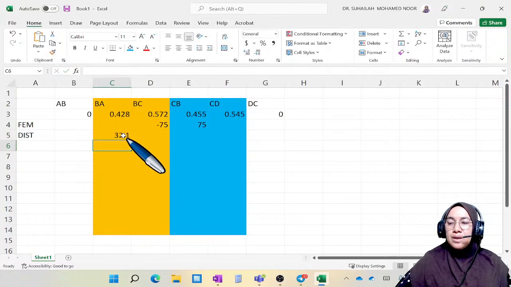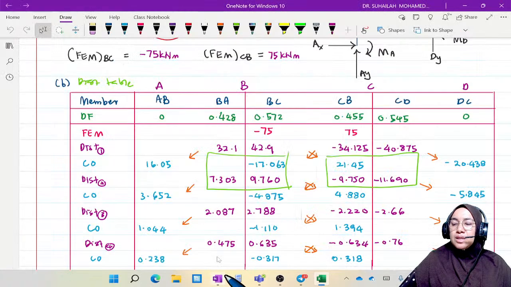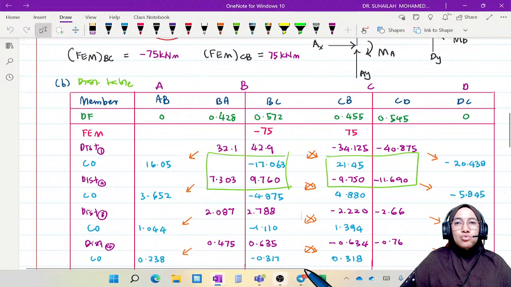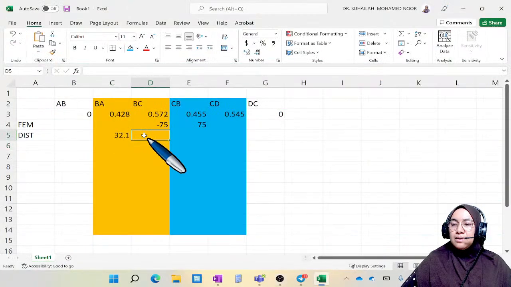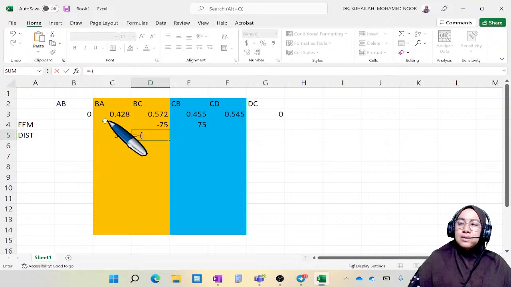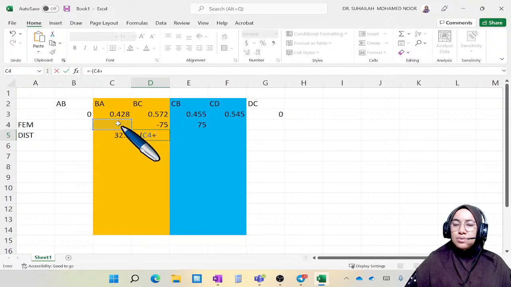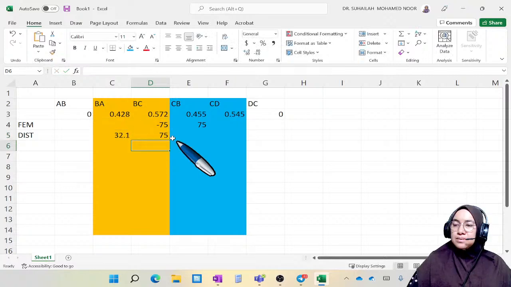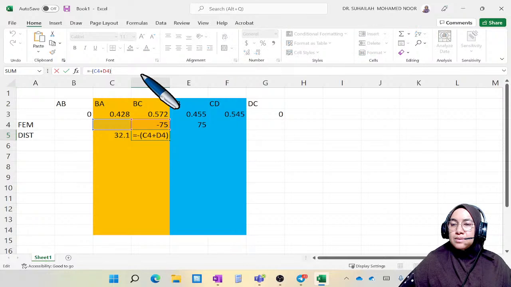Okay, so we get 32.1. Then it is 0 plus 75 times the distribution factor.